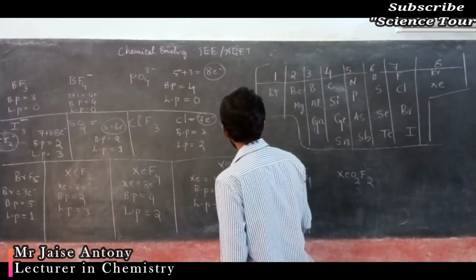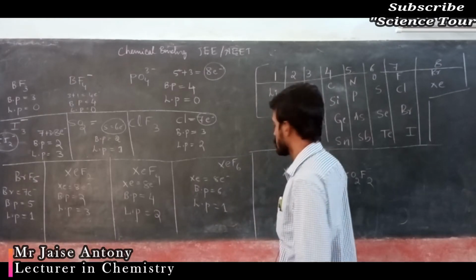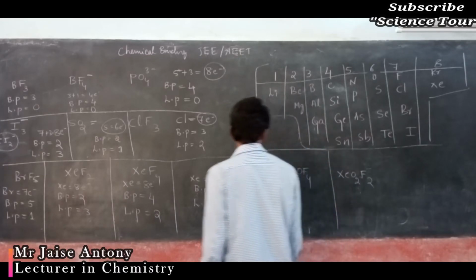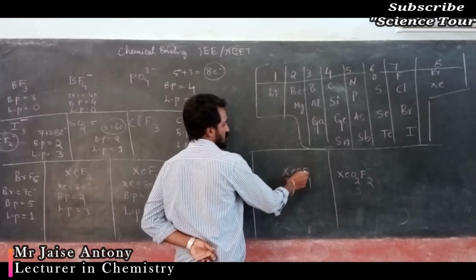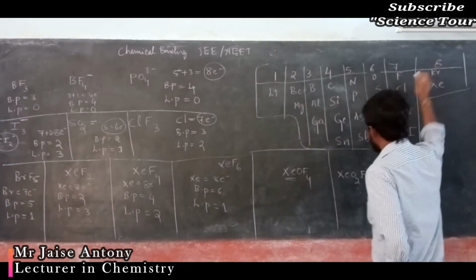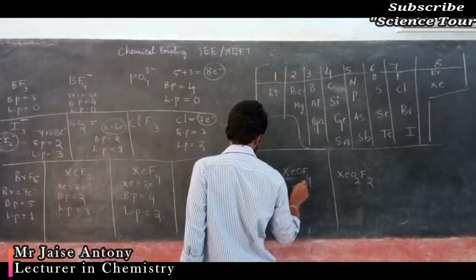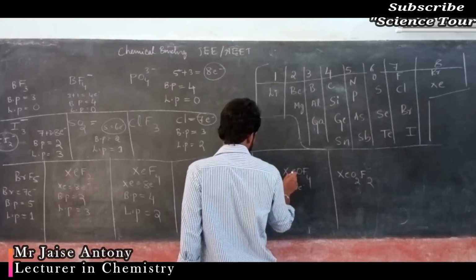My dear students, xenon oxyfluoride, understood? In this one, xenon is the central atom, and oxygen and fluorine are attached to the central atom. So xenon's valency electrons are 8. How many bonds does it form?